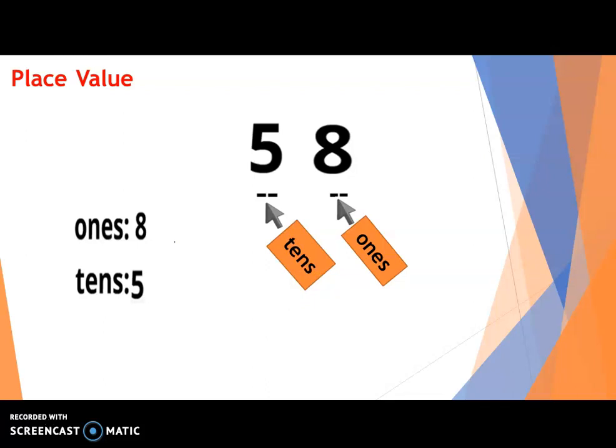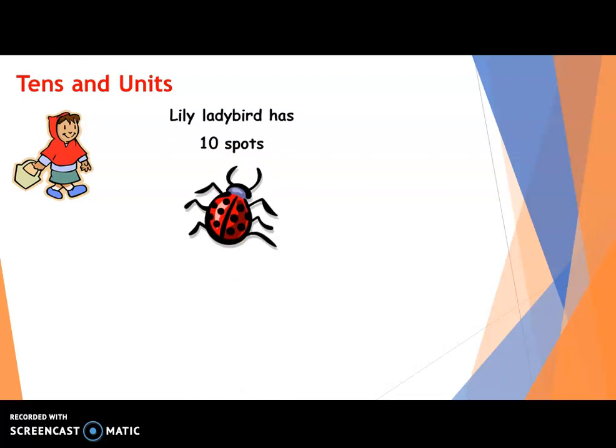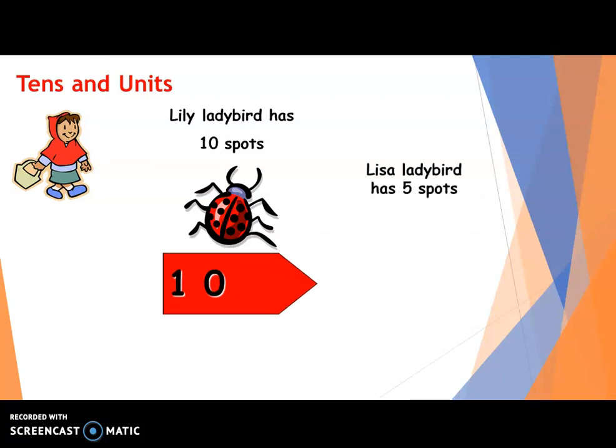Let us find out more about what a place value is. Let's have the first example using the tens and the units. So we have here Lily Ladybird. Lily Ladybird has 10 spots. And we have also Lisa Ladybird.